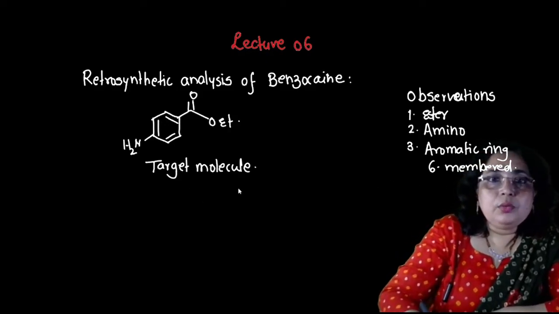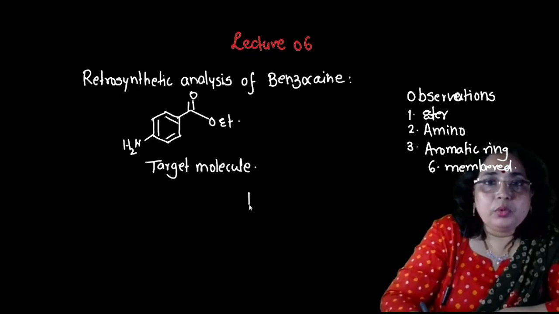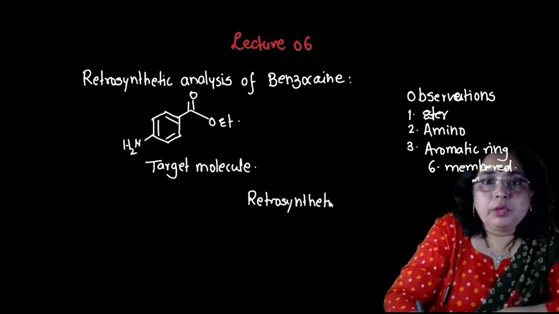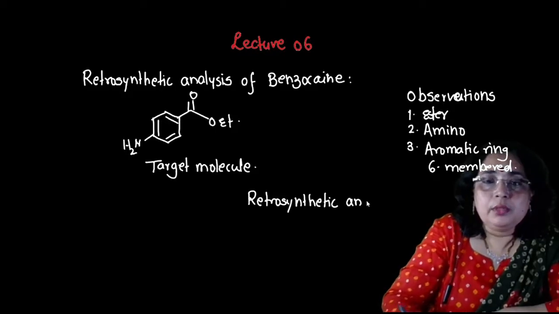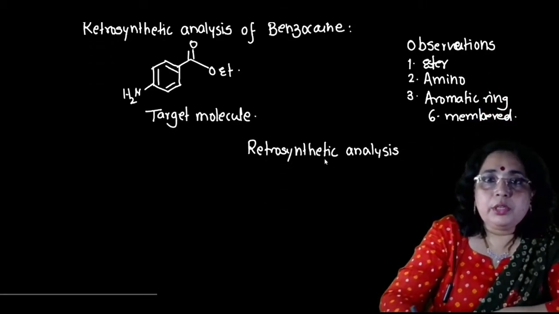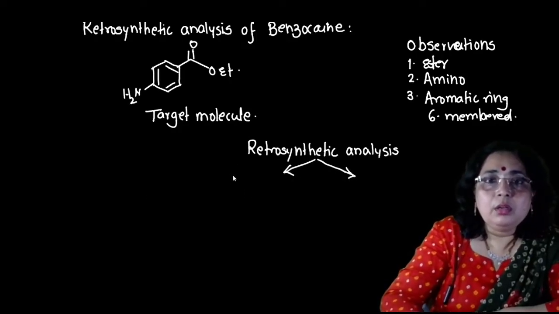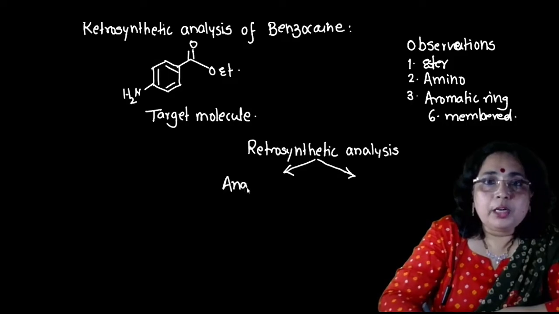Let us now carry out the analysis. For the retrosynthetic analysis, I am going to start over here for benzocaine. Now please students, always remember that whenever you carry out the analysis of a molecule, there are two parts.